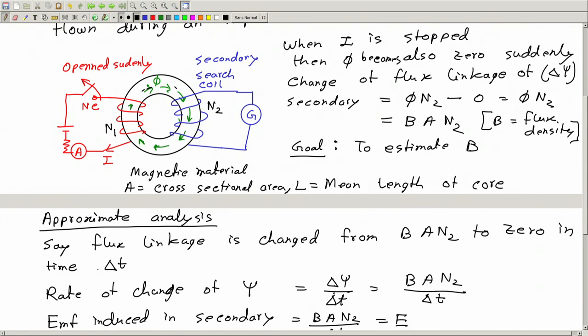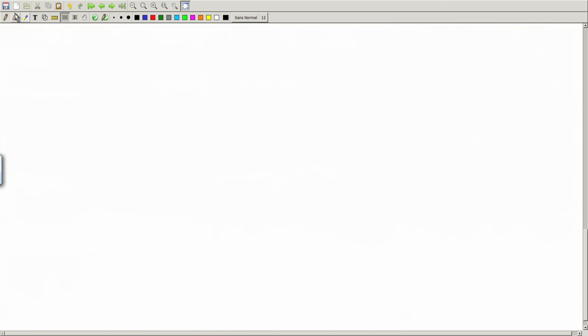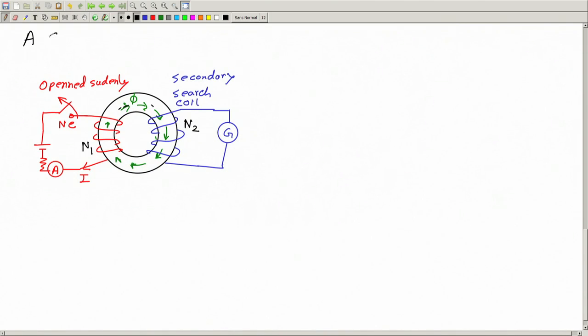We can also sometimes do a slight variant of this experiment, a small variation. What we can do is connect a commutator.